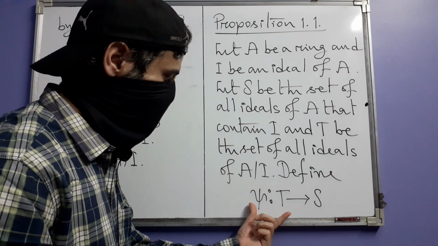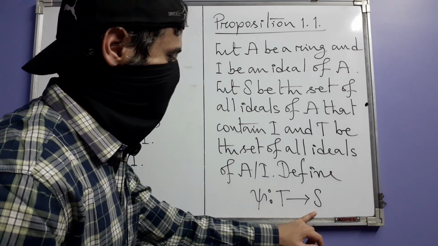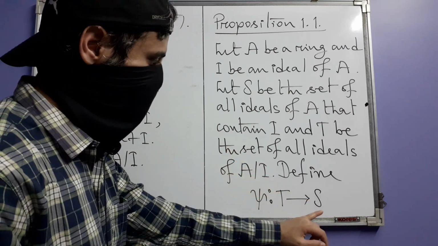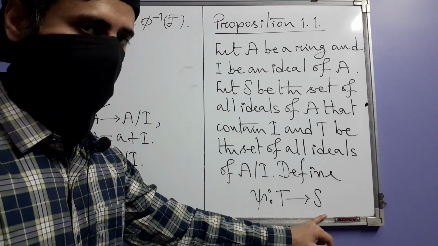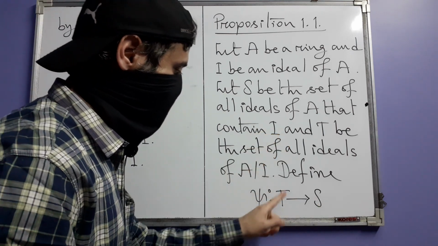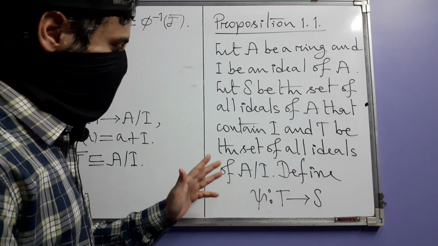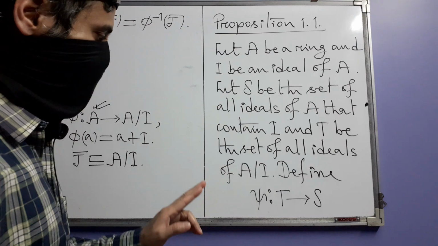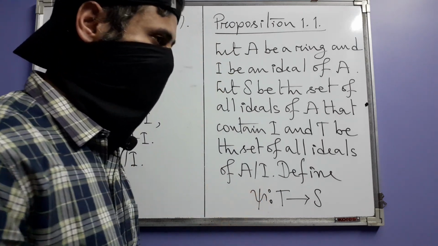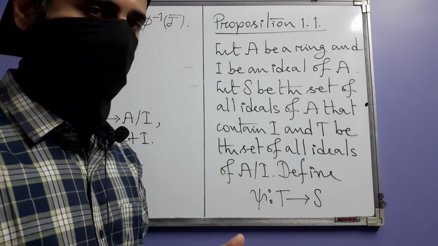So in that sense, it is a one-to-one correspondence between T and S, between the ideals of A/I, whose collection is T, and the ideals of A which contain I, whose collection is S. So we have this result already for us, and because we are not stating here that psi is a ring homomorphism or anything like that, psi is simply a bijective mapping.